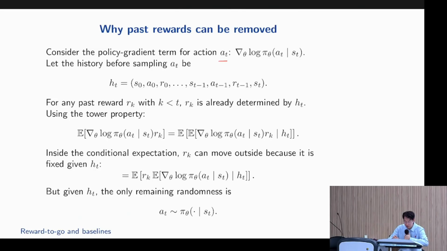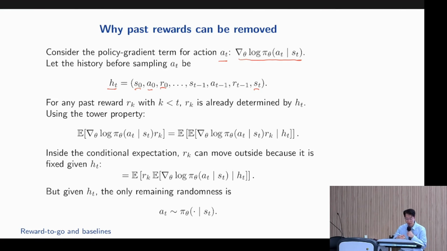So for some specific action AT, let's consider the policy gradient term. And let's define the history before that action AT as HT: starting from state 0, action, reward, and so on, until the state ST. Let's call this HT.